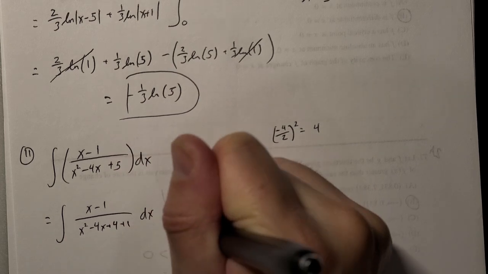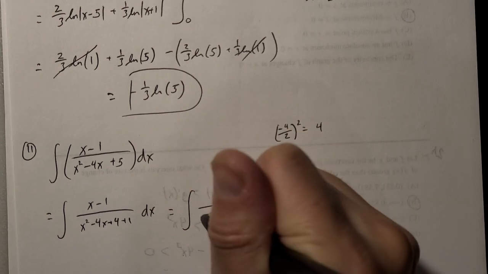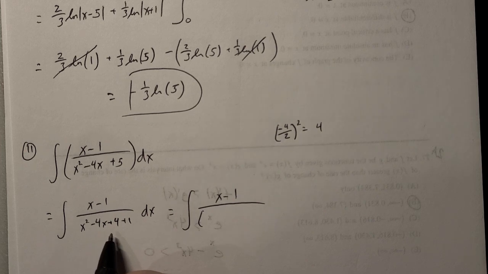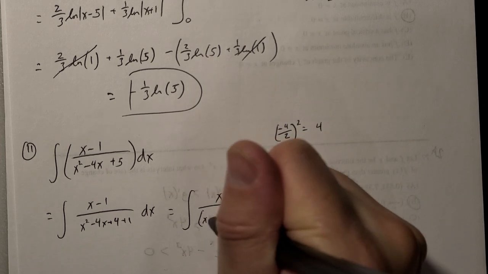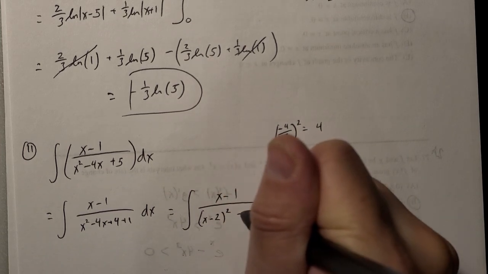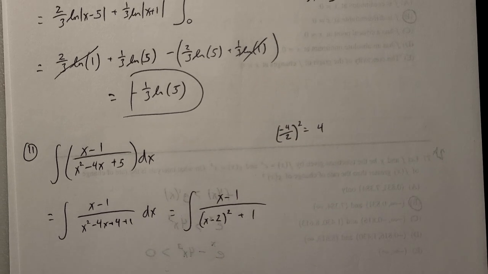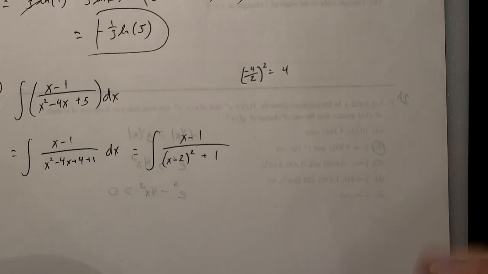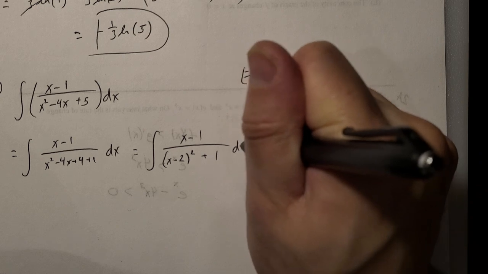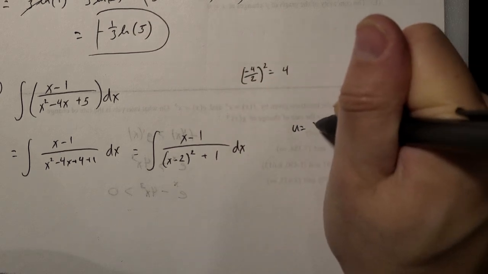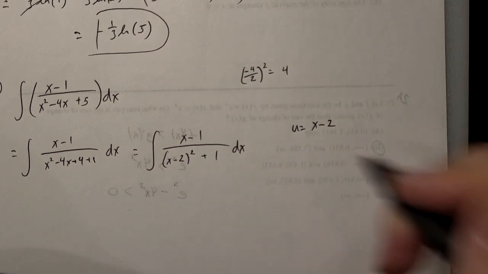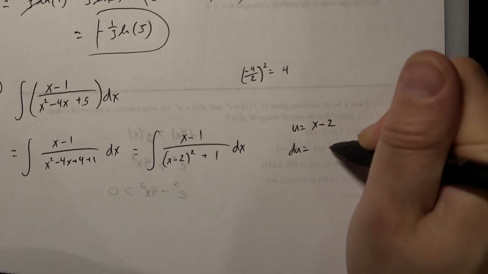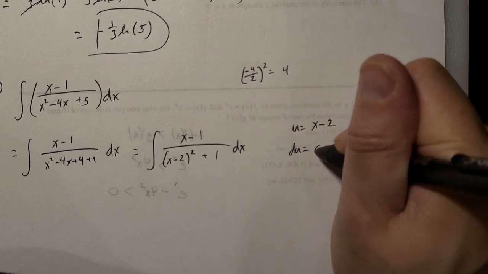Okay, now after we do that, this becomes a perfect square. That's why we complete the square. It'll be x minus 2 squared plus 1. Okay, now this is better. Hopefully we can do a substitution. I forgot the dx. u is x minus 2, du is dx.